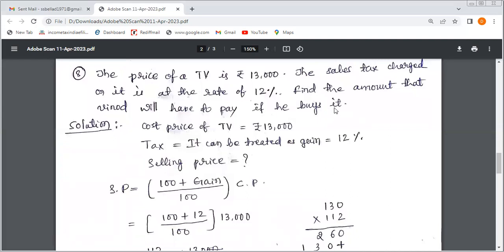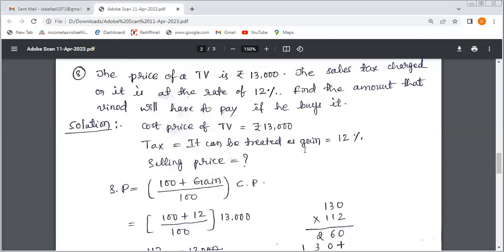So the price of the TV is 13,000, and sales tax on this is 12%. We have to calculate how much he has to pay in total, that means the selling price. So the cost price of the TV is 13,000, and this tax will be added to this 13,000.